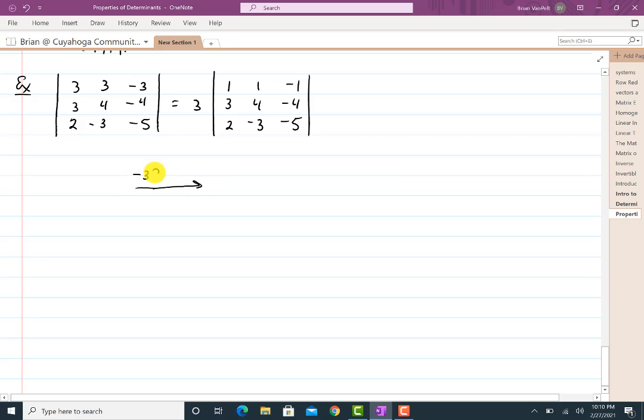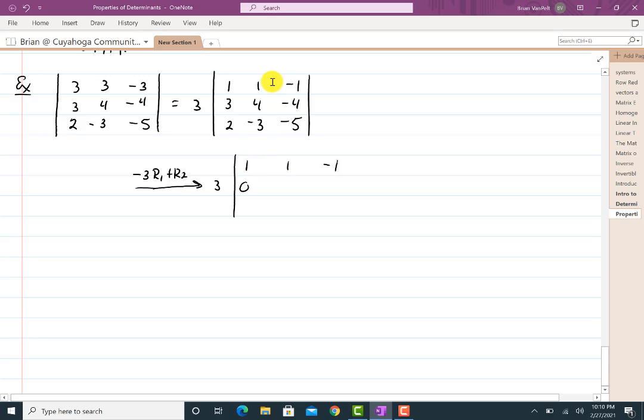So I'll do -3R1 plus R2, and you only need to go as far as you have to go until you see what the result is going to be. So you may not have, all I'm saying is you may not have to run this all the way until you get a row reduced matrix.